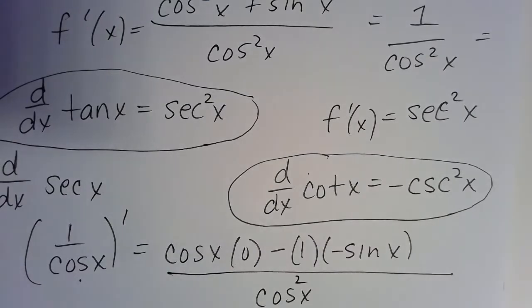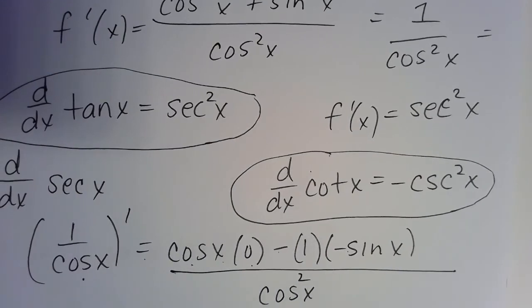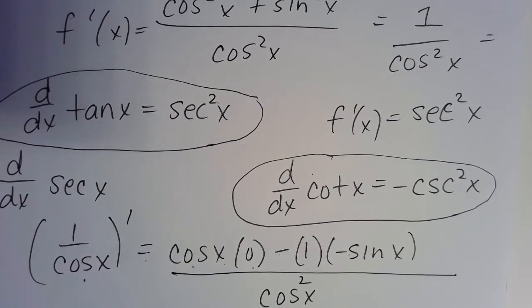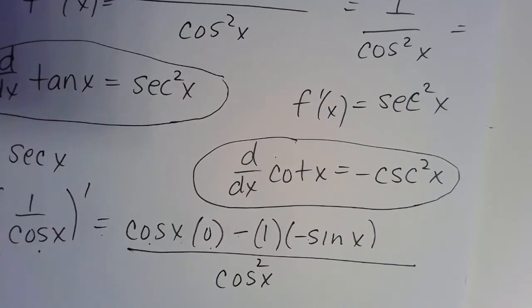Okay, so now we have cosine of x times 0, so that's gone. And then I have a negative times a negative, so I'm just left with sine of x over cosine squared of x, which we then break apart.